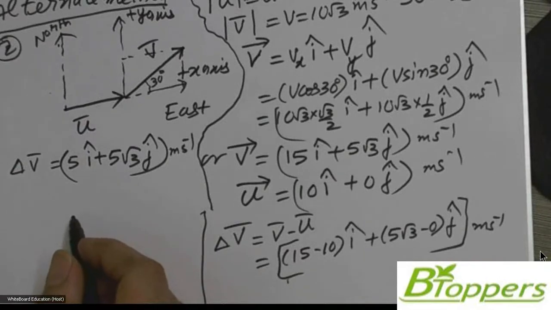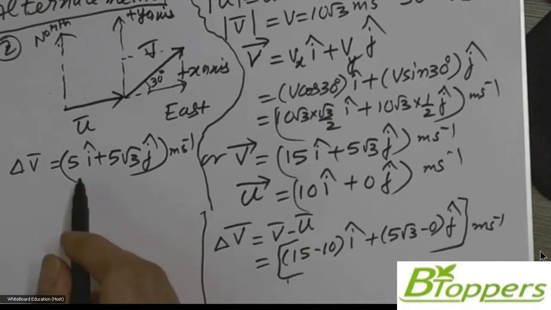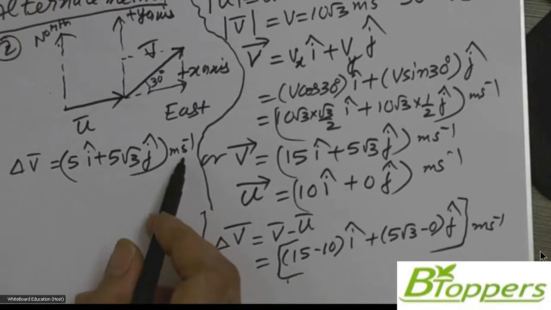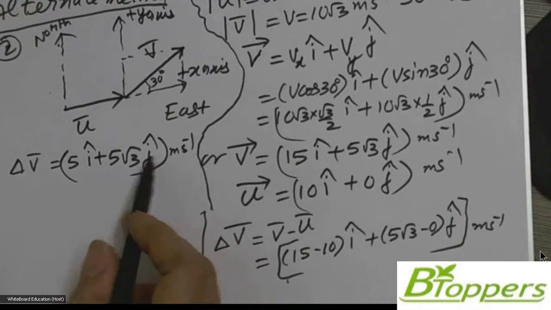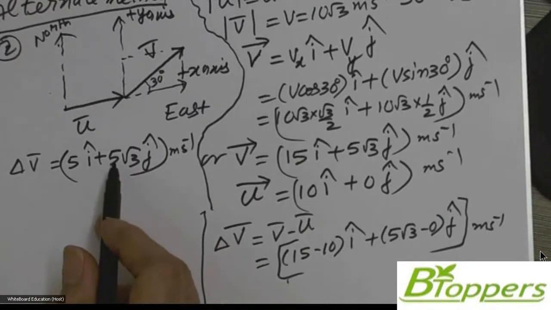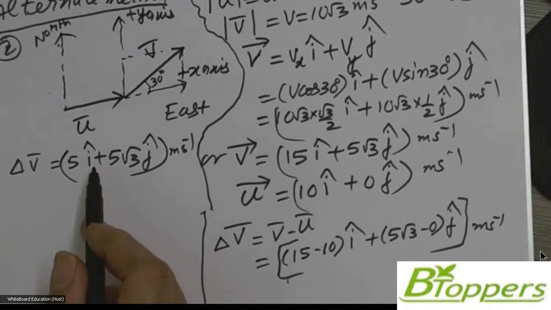So change in the velocity of the particle is also a vector, which is equal to 5 i cap plus 5 root 3 j cap meter per second. That means the change in the velocity vector has a rectangular component of magnitude 5 meter per second towards positive x-axis, and it has a rectangular component of magnitude 5 root 3 meter per second along positive y-axis.